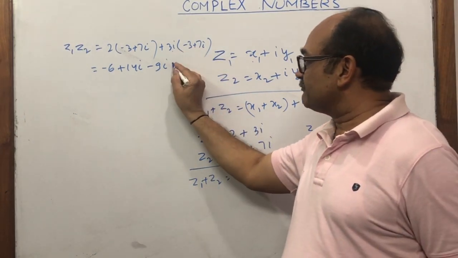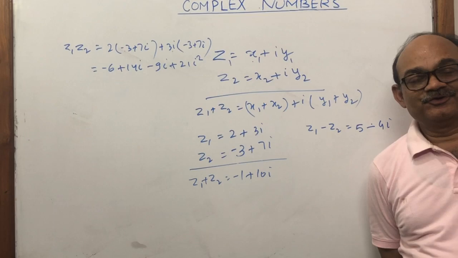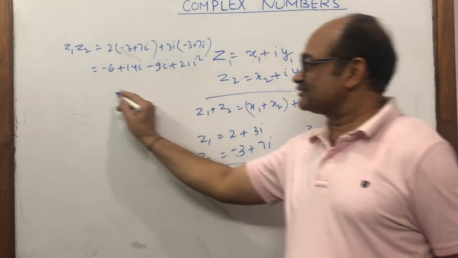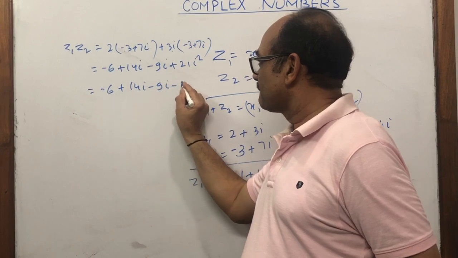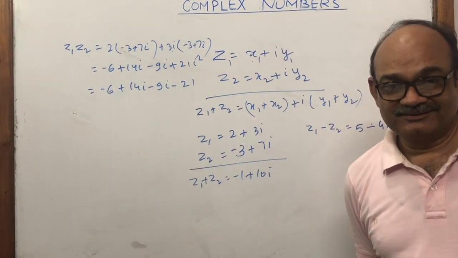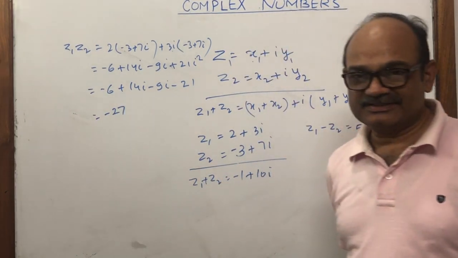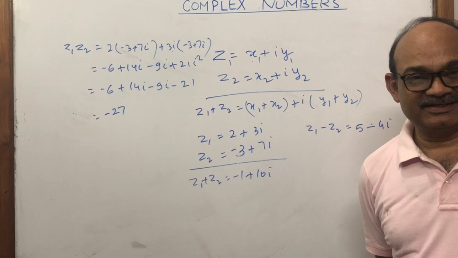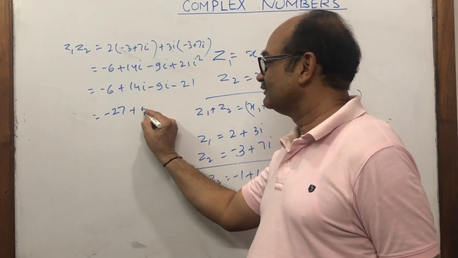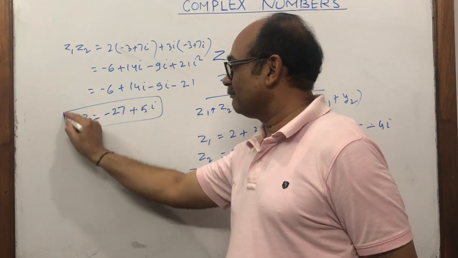And 3 into 7, 21 iota square. Now you know what iota square is? Minus 1. It will become minus 21. Minus 21 and minus 6 is minus 27. And 14 and minus 9 is plus 5 iota. So in this way we can multiply two complex numbers.